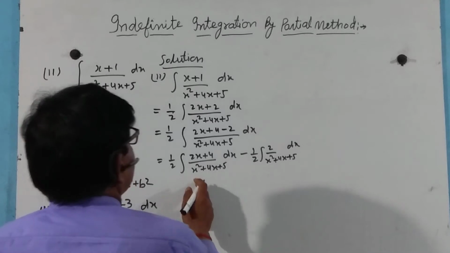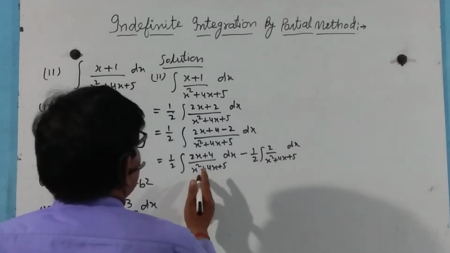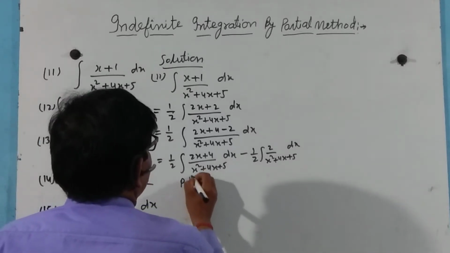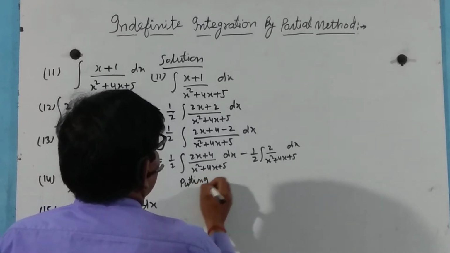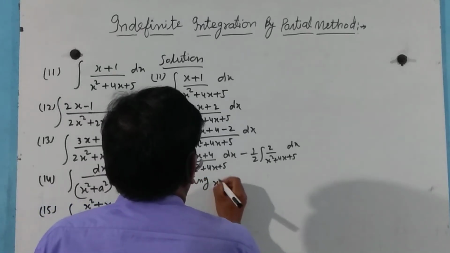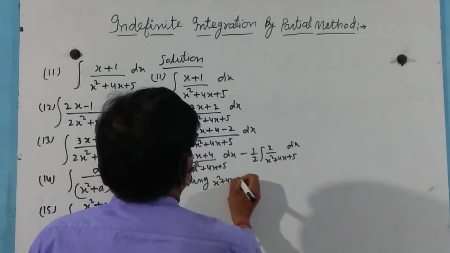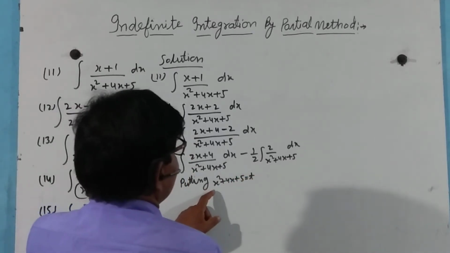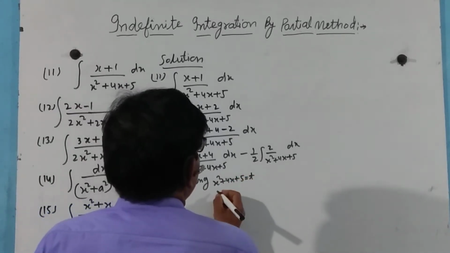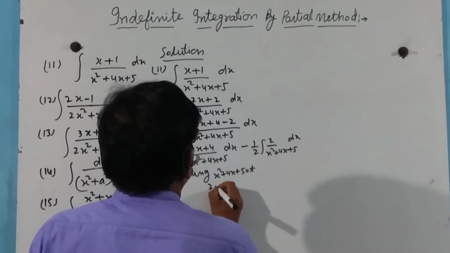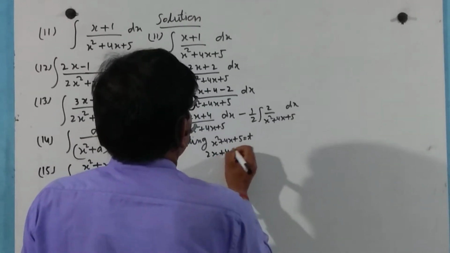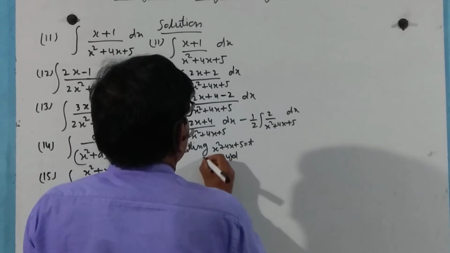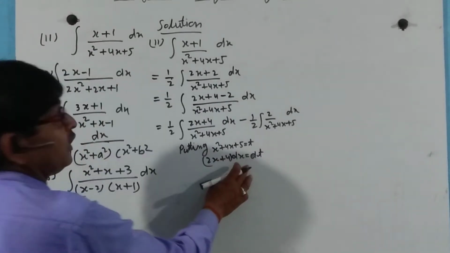In this case, putting x square plus 4x plus 5 equal to t, then differentiating with respect to x, 2x plus 4 dx equal to dt.